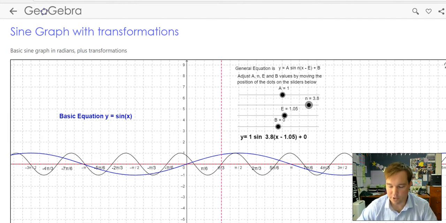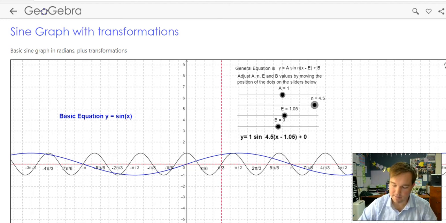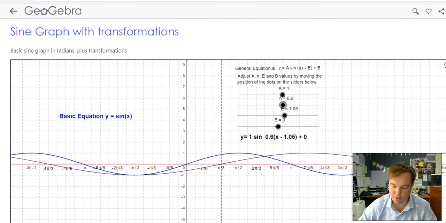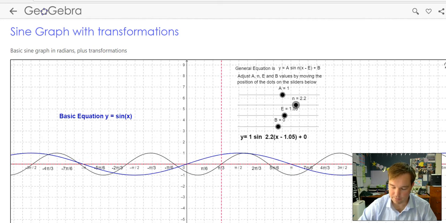So remember how when we were looking at trig equations, if we had cos of 3x, we knew that it would go around the circle 3 times within 0 and 2 pi? That's what adjusting N does. It shrinks the period. So not B, N, this little one in here, shrinks the graph, or if we stretch it out, we can stretch the graph out a very long way.